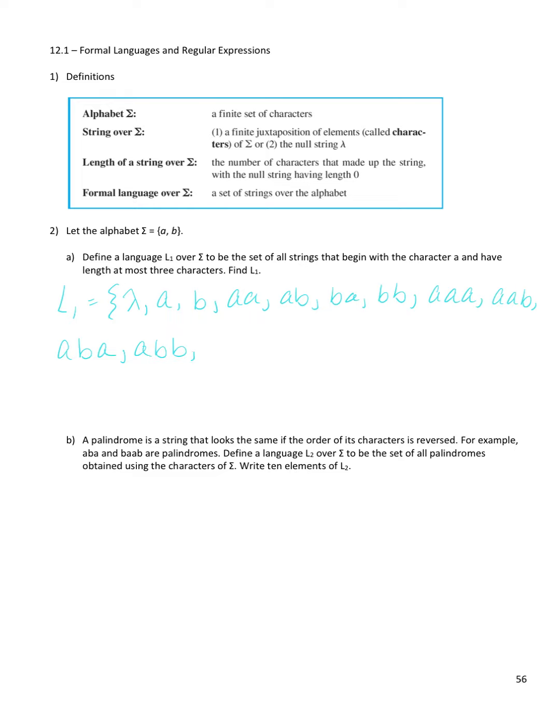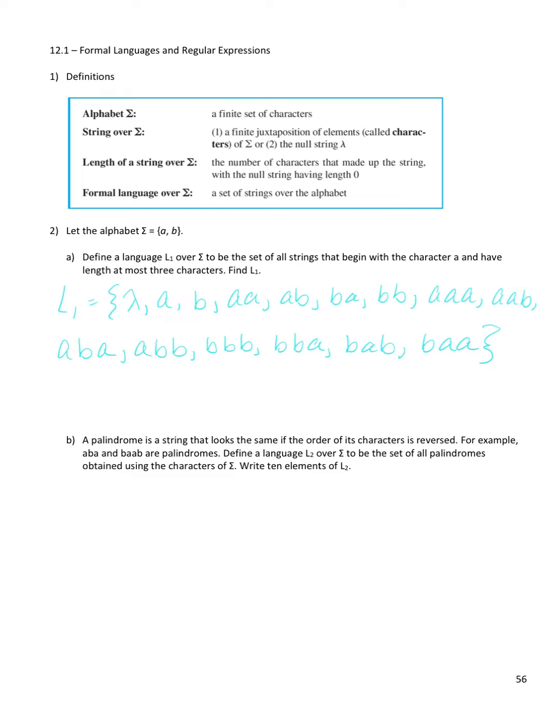And then those are all the ways I can start with A. And then to start with B, I could do BBB. I could have BBA, BAB, or BAA. I believe those are all of them. All the strings made up of A's and B's that have at most length 3.